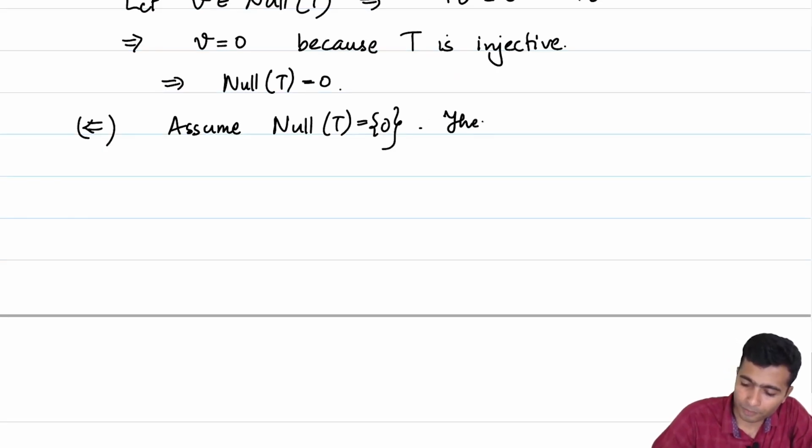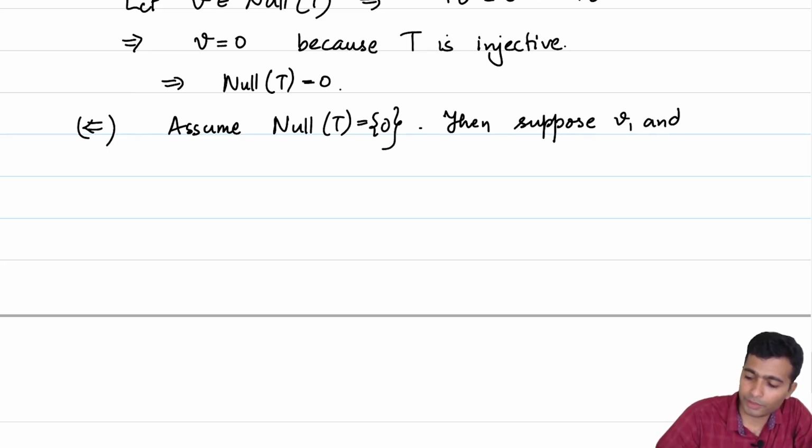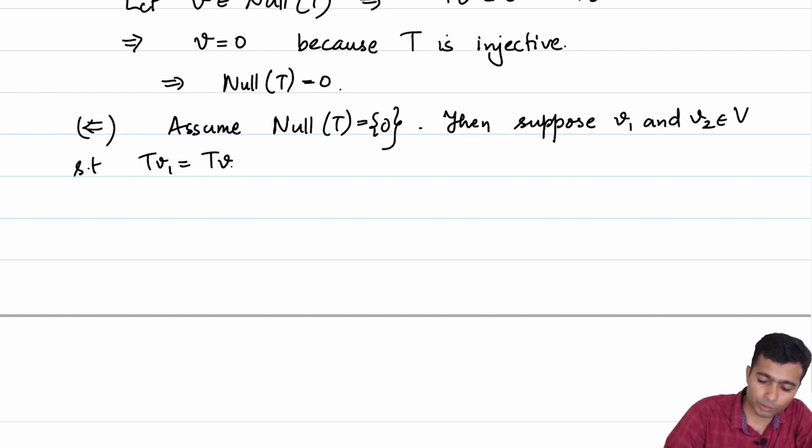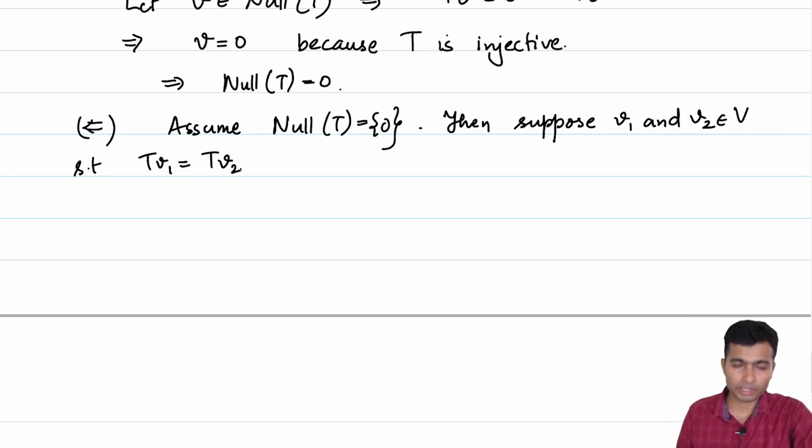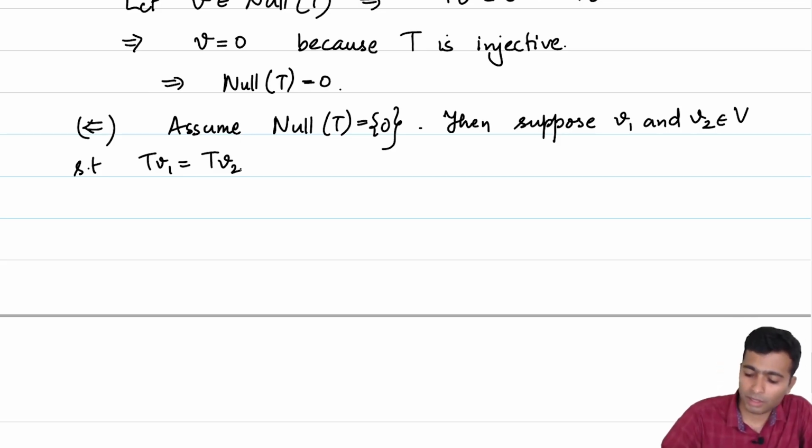Then, suppose v1 and v2 are two vectors in V such that Tv1 is equal to Tv2. Our goal is to show that T is injective. So we will take hold of two vectors v1 and v2 such that Tv1 is equal to Tv2, and we will conclude that v1 is equal to v2 from that.